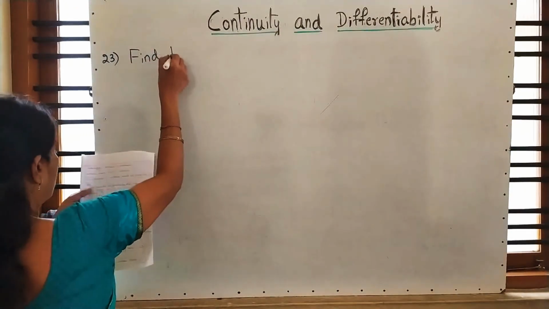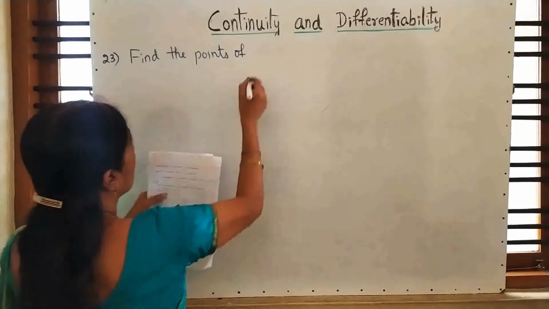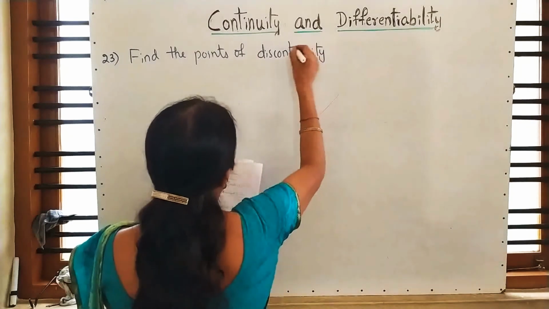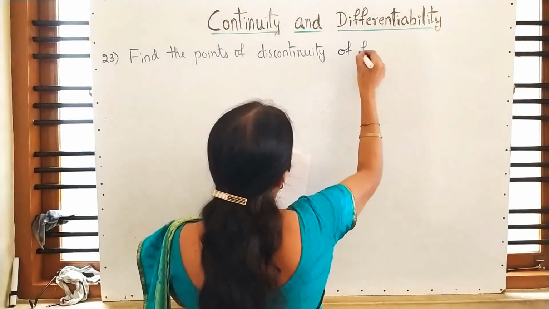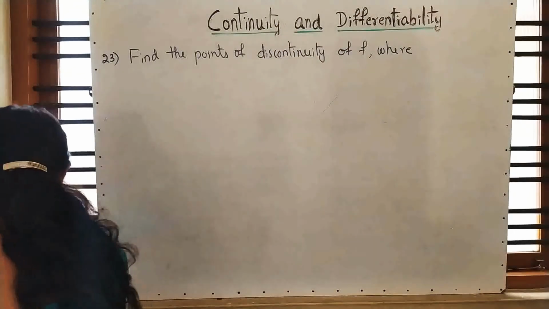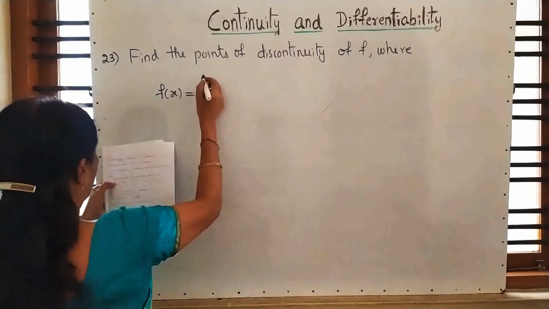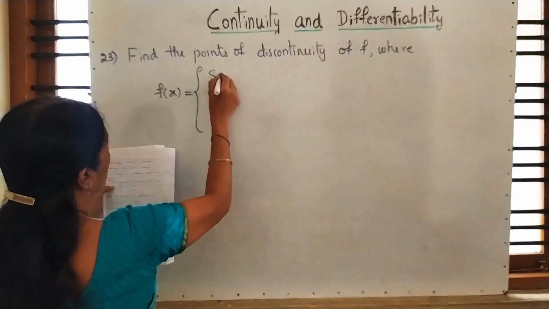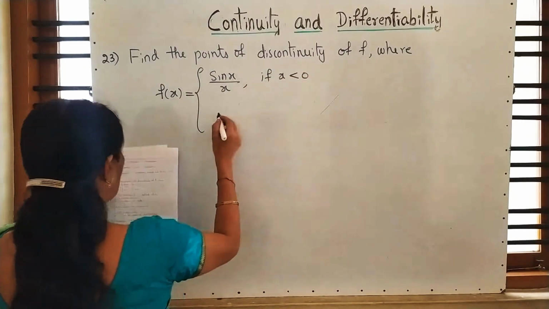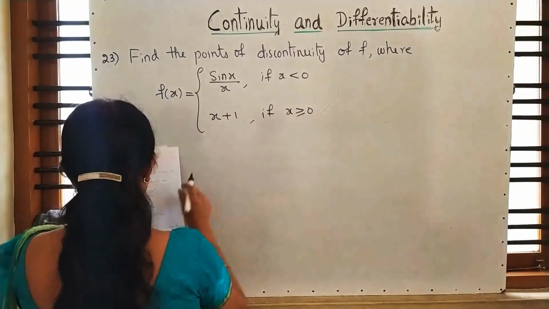Find the points of discontinuity of f, where f of x is equal to sin x upon x if x is less than 0, and x plus 1 if x is greater than or equal to 0.